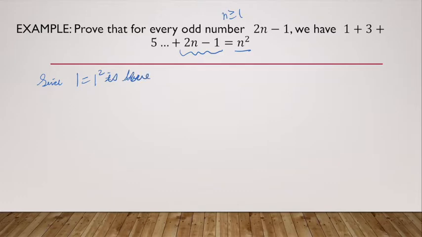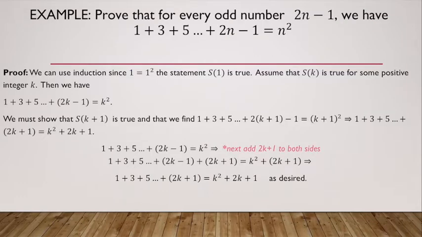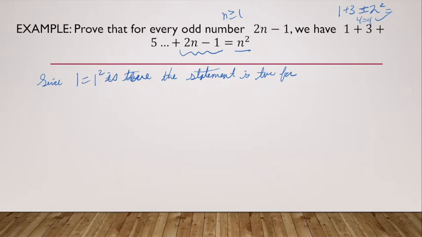And if you want, you can check this for when n is 2, right? If I have 1 plus 3, that's 2 squared, so 4 is 4. Okay, it seems like this is going to be true. So since 1 equals 1 squared is true, this statement is true for S of 1.